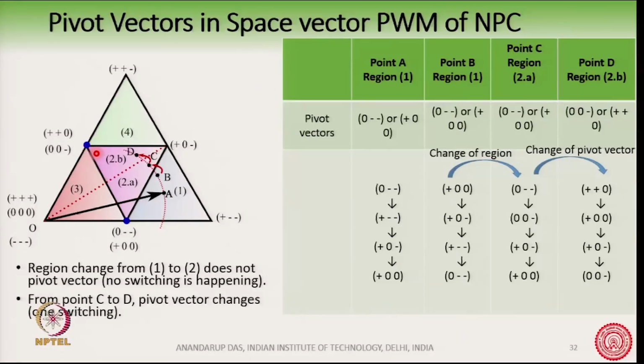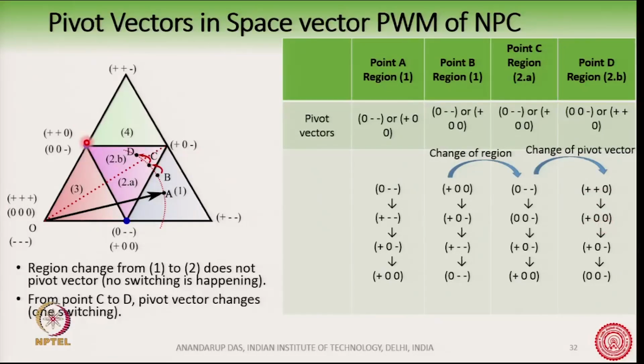Okay. So, therefore, when it moves to D, from this plus 0 0 we ended here, see plus 0 0 we ended here, from here we will jump to here, okay, plus plus 0, okay, we will jump to here, and then from here we will do the switching. So, from plus plus 0 then we go to plus 0 0.